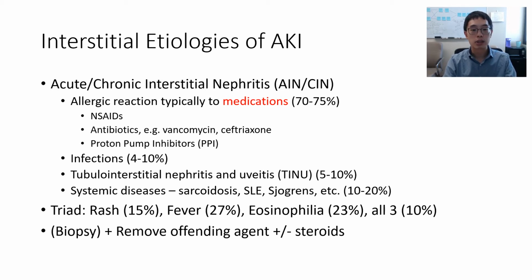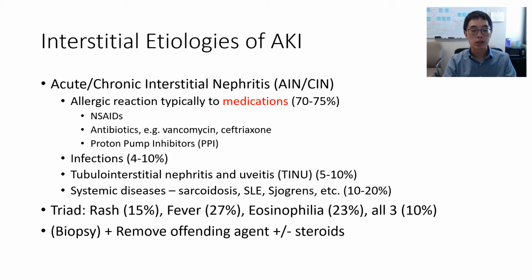These medications specifically are the most common offenders: NSAIDs, especially ibuprofen, Motrin, Aleve, and aspirin in high doses can cause AIN or chronic interstitial nephritis. Some antibiotics, for example, vancomycin and ceftriaxone, rarely can cause AIN as well. And there are some case reports of proton pump inhibitors, PPIs, that can cause acute interstitial nephritis as well.